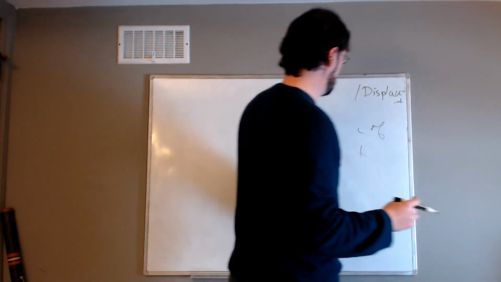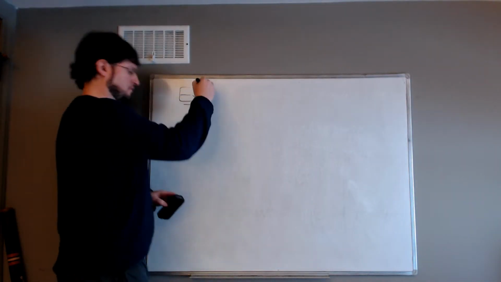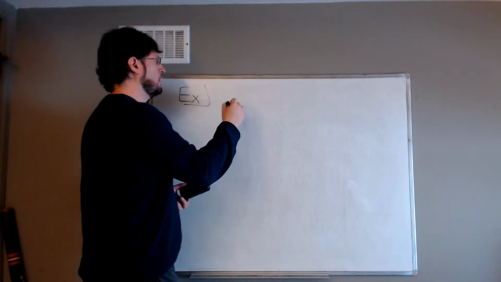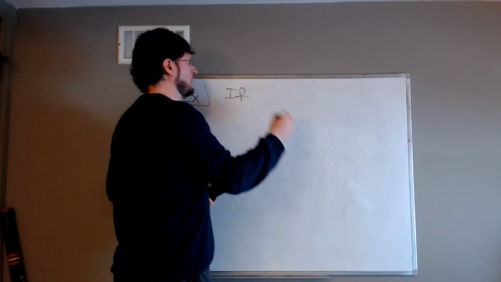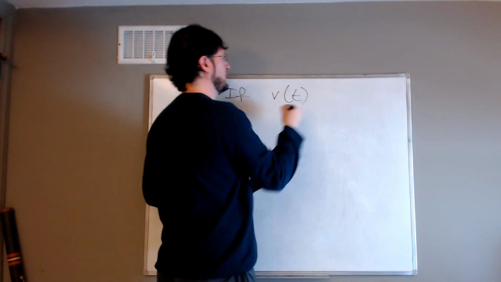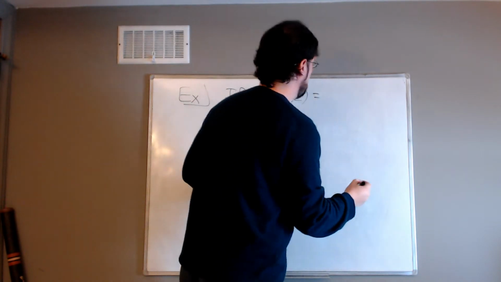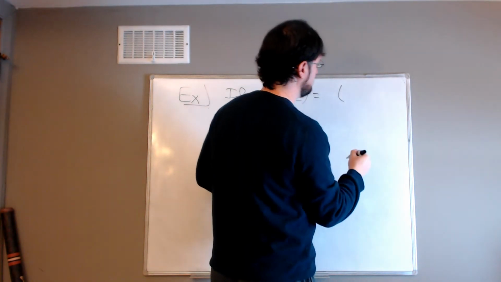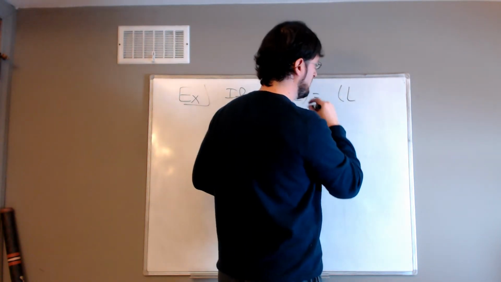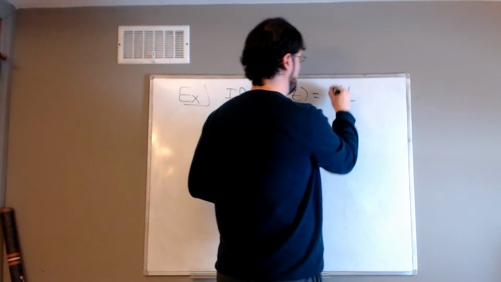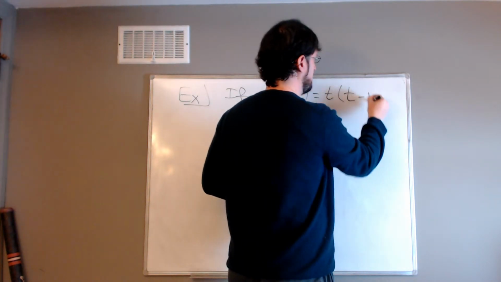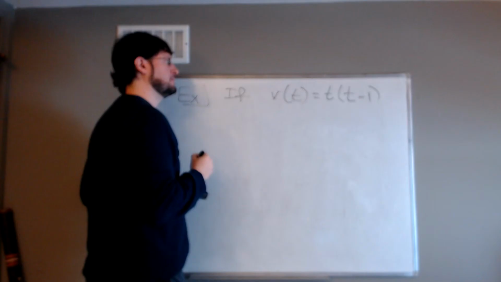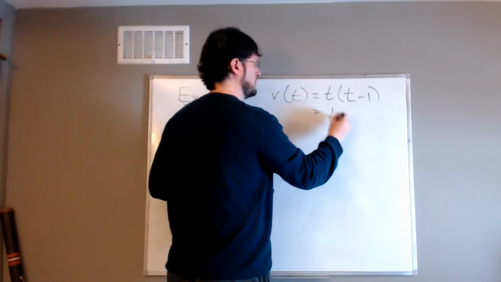So for example, if the velocity of my bug at time t is given by, let's say, t times t minus 1, which is t squared minus t.